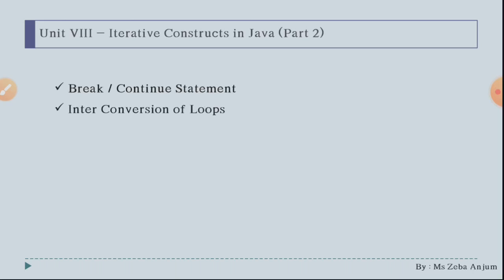We are going to see how a for loop is converted into a while loop, into a do while loop, and again a do while loop into a for loop. Then at the very last we will see some sample programs that are already present in your book. Let us directly start with our break statement.